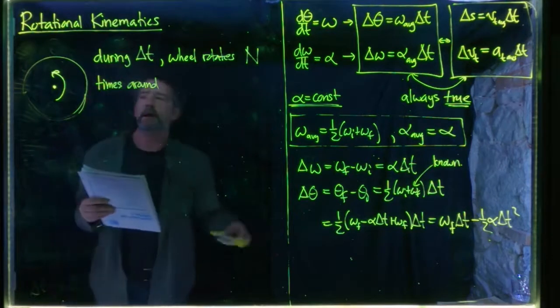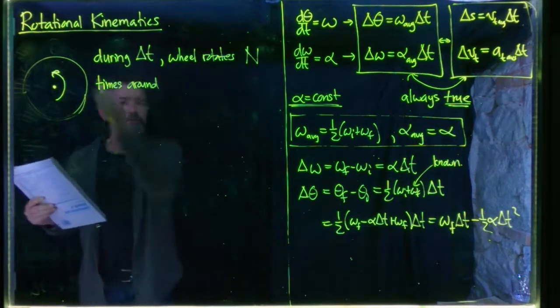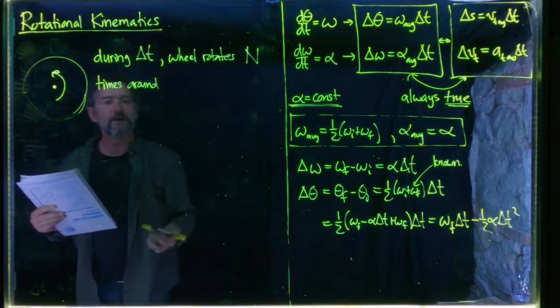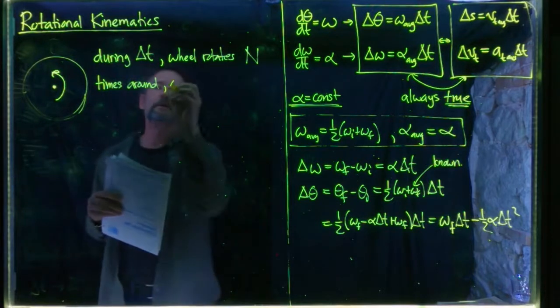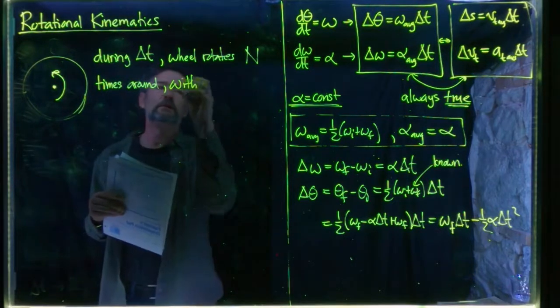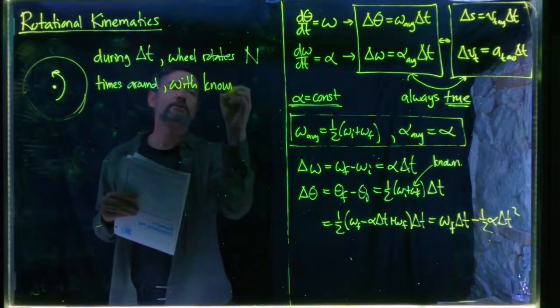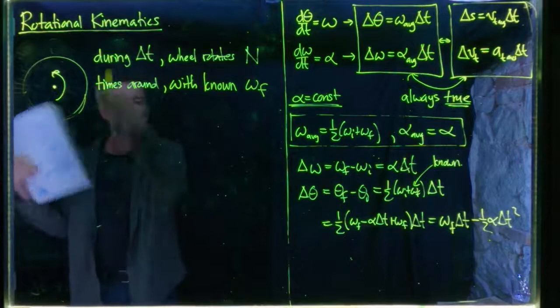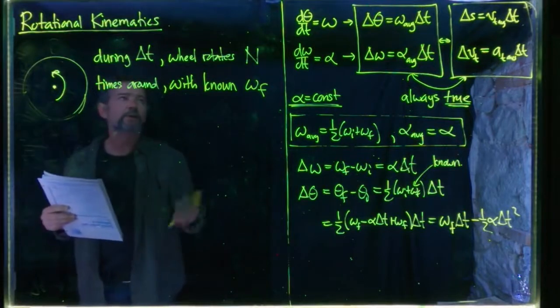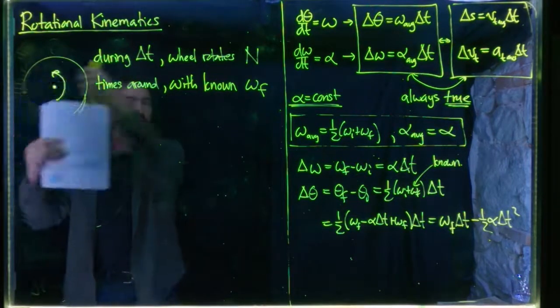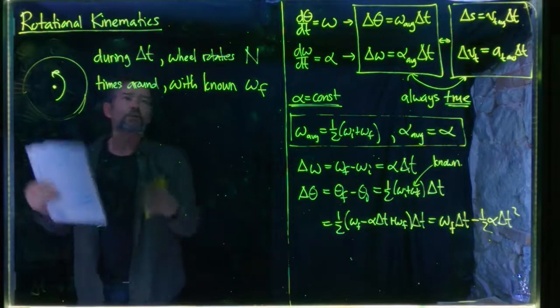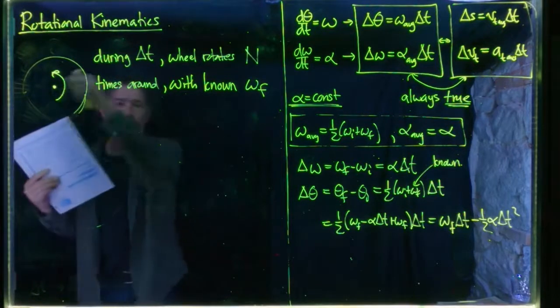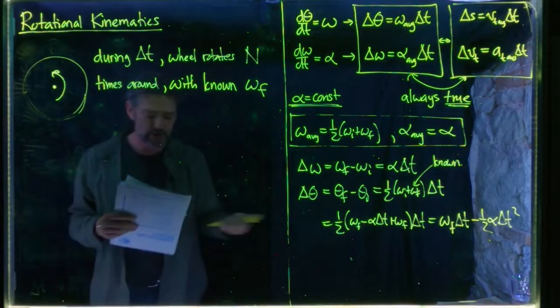Okay, and what we're given is we observe it has a certain final angular velocity with a known or measured omega final. So the things we're given are the time interval over which these changes are happening. We're given the fact that the wheel rotates n times around during that time interval, and we know the final angular velocity of the wheel, how many radians per second it's spinning at.